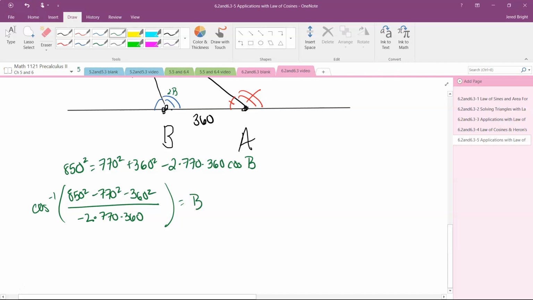Okay, so again, you can do multiple steps for that. I'm just doing it in one, and we can punch that in our calculator.